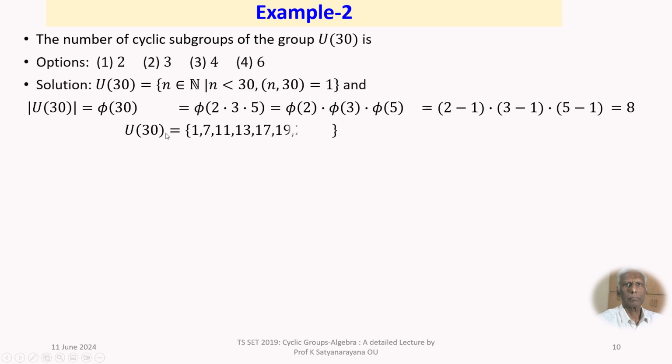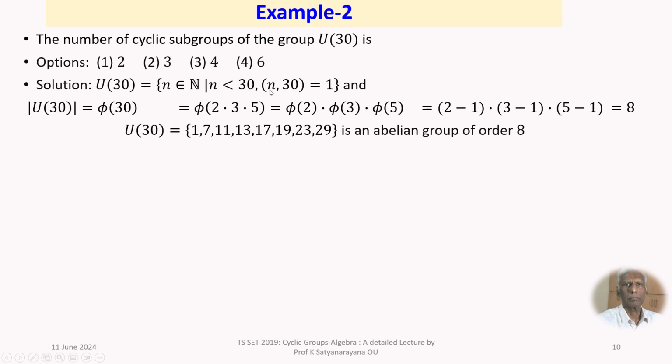So U of 30 is, what are all those numbers n less than 30 which are relatively prime to 30? 1 is prime to 30. 2, no. 3, no. 4, no. 5, no. 6, no. 7, yes.